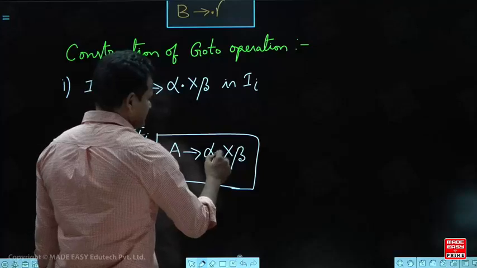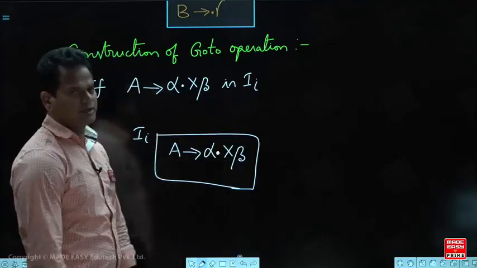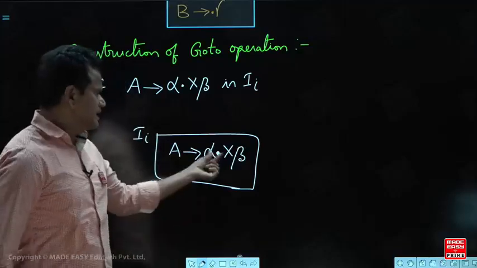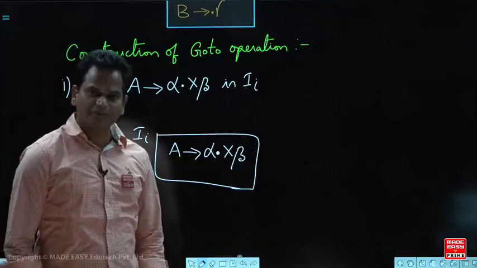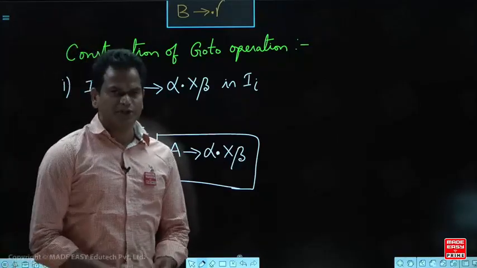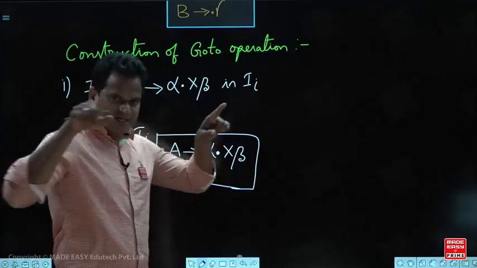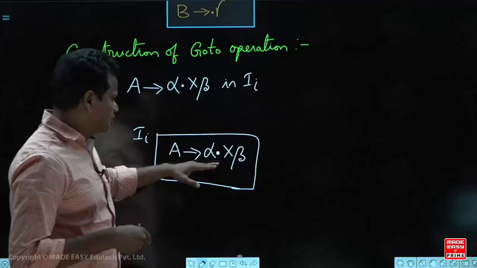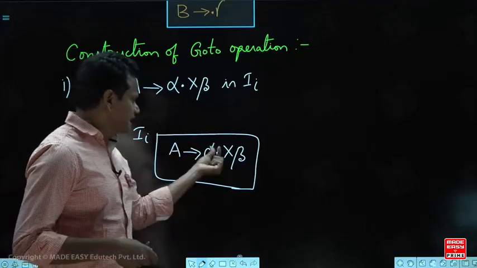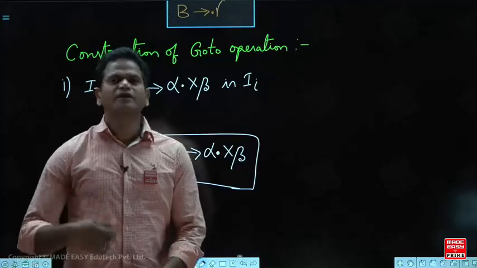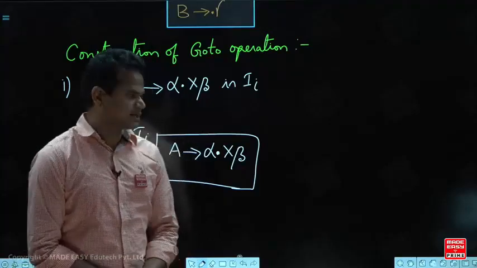Here, every time you must concentrate on the shift symbol. What is the shift symbol here? X is the shift symbol. Now for every state, for every production, for every shift symbol, we write the goto.